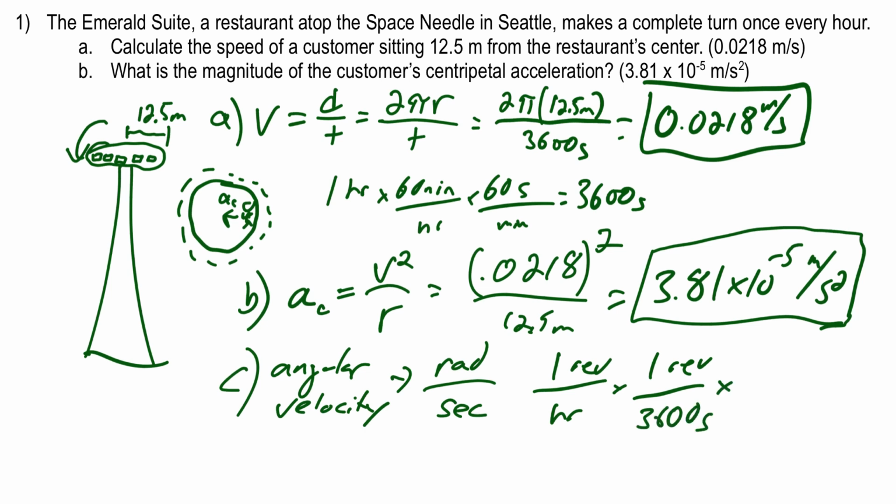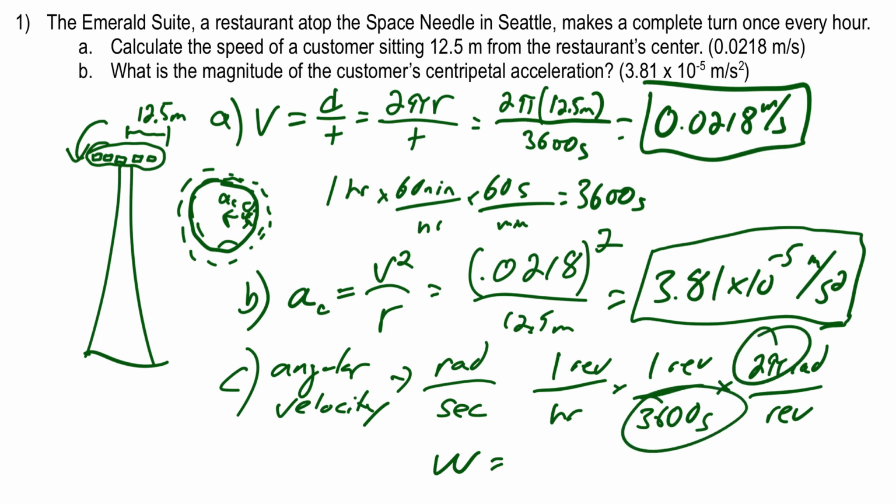In 1 revolution, we go 2 pi radians. So our angular velocity, which we use the symbol omega for, is 2 pi divided by 3,600, and I get 0.00175 radians per second.